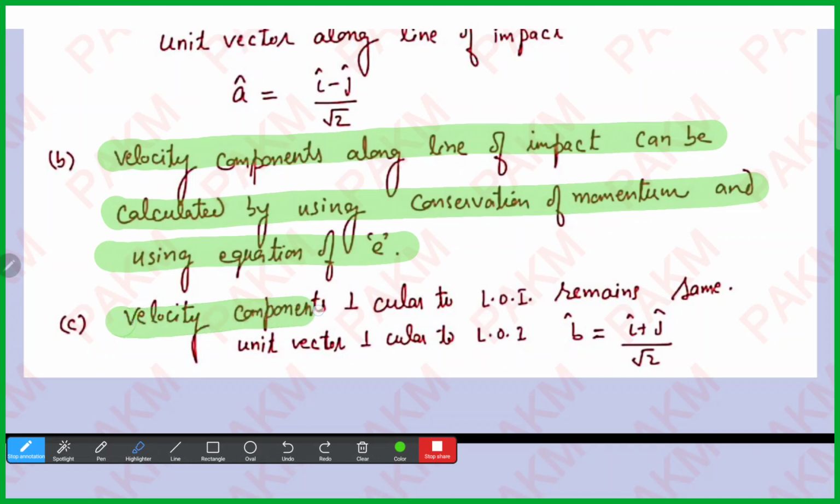Now the velocity component perpendicular to the line of impact remains the same. I told you the velocity along the line of impact will change, and perpendicular to the line of impact it is not going to change. Unit vector perpendicular to the line of impact. Now this point is important.